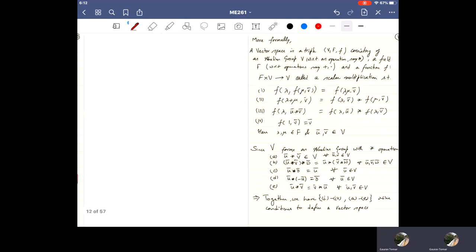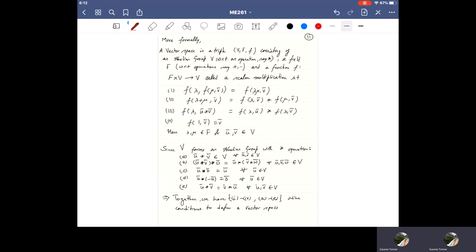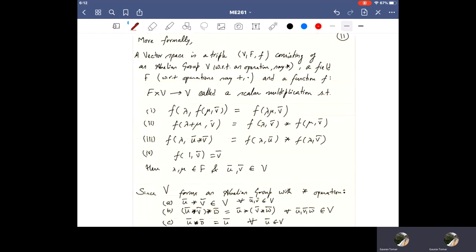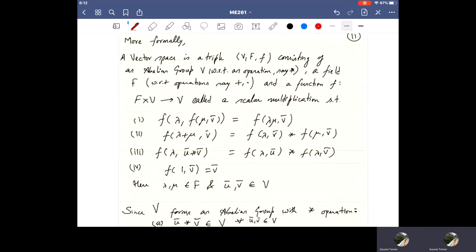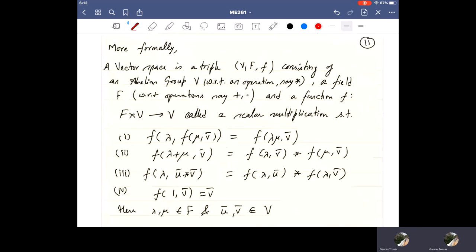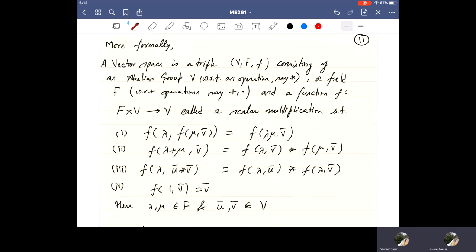More formally, this function f that we have defined should satisfy the following properties, the scaling function that we talked about. We have already seen these properties and demonstrated them in a certain way when we were looking at scaling of the vectors, that elementary discussion we had.